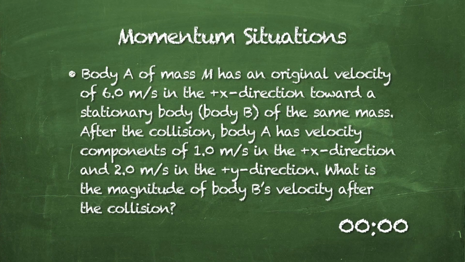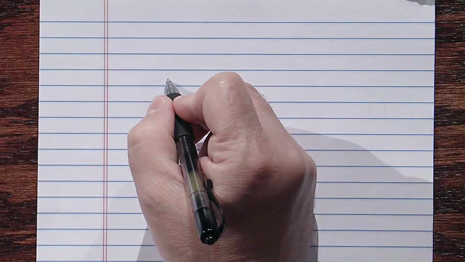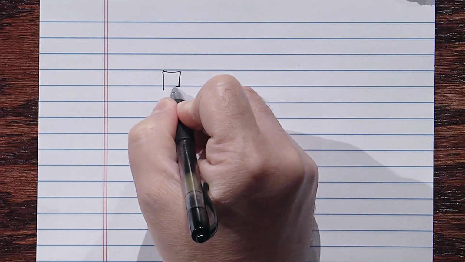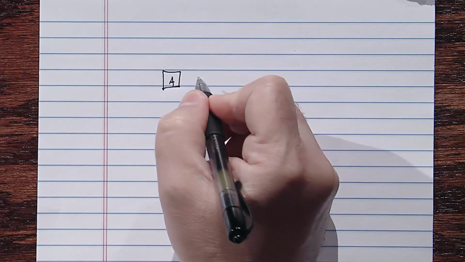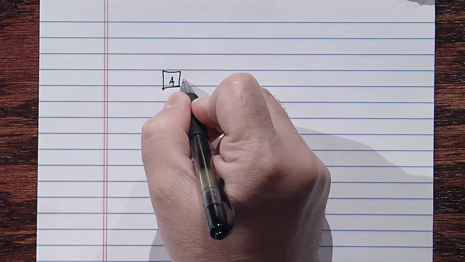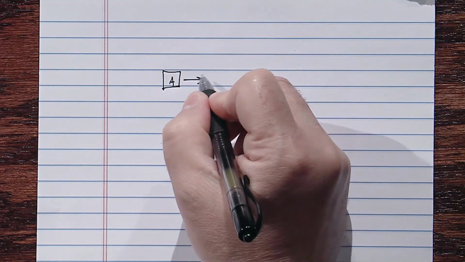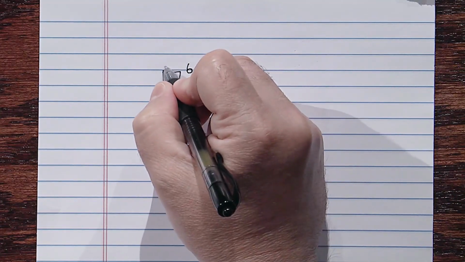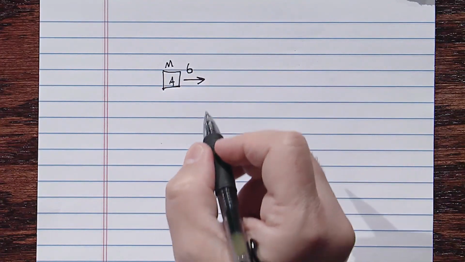Okay, well, let's diagram the situation. Here is body A, and it has a velocity of 6 meters per second and a mass of m.